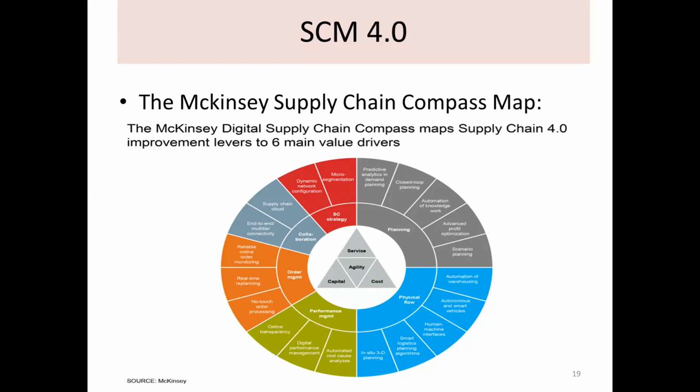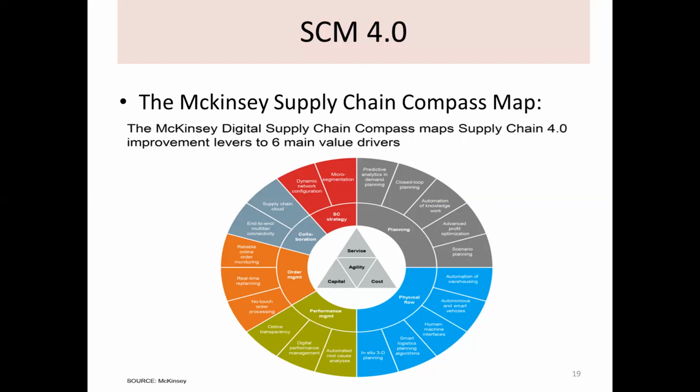Then it goes to the planning stage, where different types of planning are done. And then it goes to the physical flow, which is our raw material flow, which comes from the planning stage. It actually executes the planning stage; what the plan demands, it executes.